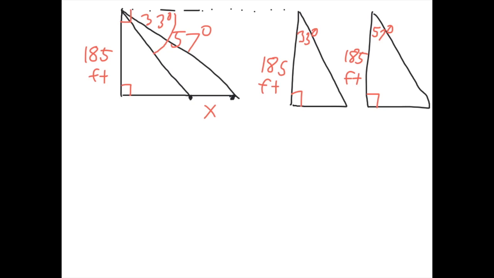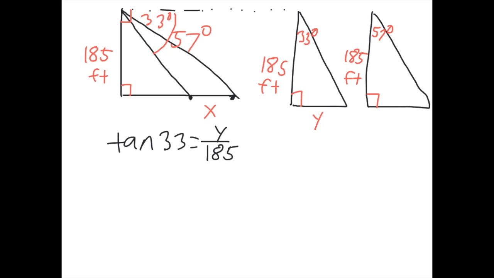So now let's solve these two triangles. So we have 33 degrees, 185 feet, and we want to find this. Let's just, for using different variables, call this y. For this angle, y is opposite, 185 is adjacent, so it's going to be tangent. Tangent of 33 equals y over 185.